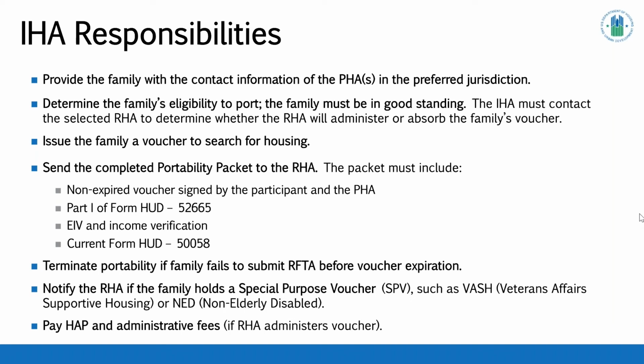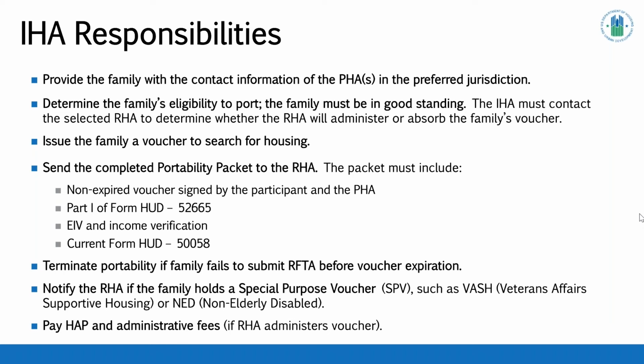They also must send a copy of the 52665 form, which is the family report, and part one of that report must be completed by the IHA. The second part of that form will be completed by the RHA once they send it back. The IHA must also send copies of updated income verifications for the family and the EIV report, and also a current copy of the 50058 form.